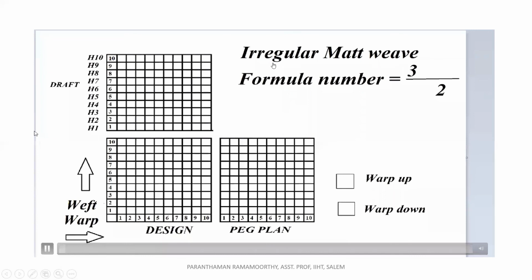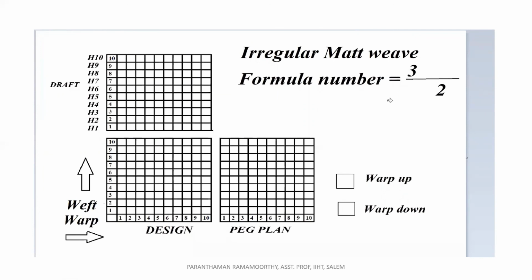So this design shows irregular mat weave. This video shows the irregular mat weave. Here we are using 3 by 2. The formula number is 3 by 2. So design is extended in the warp way and weft way.